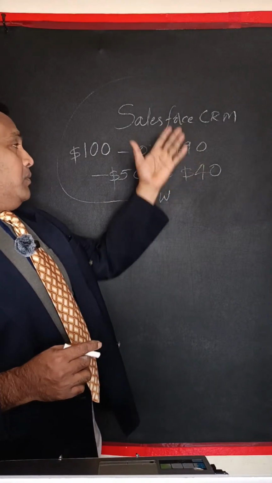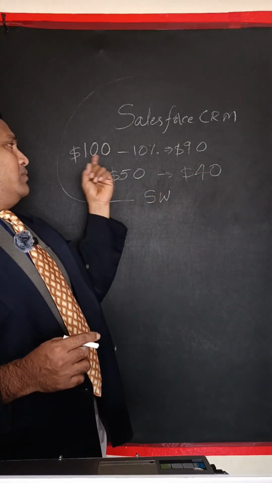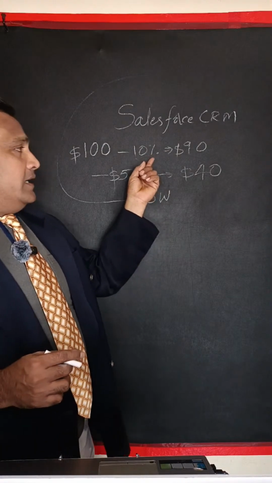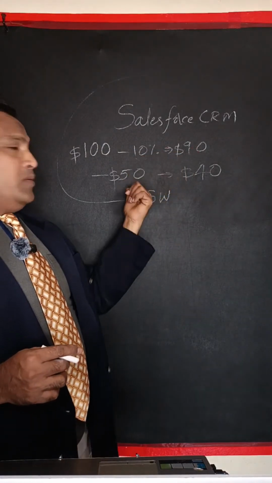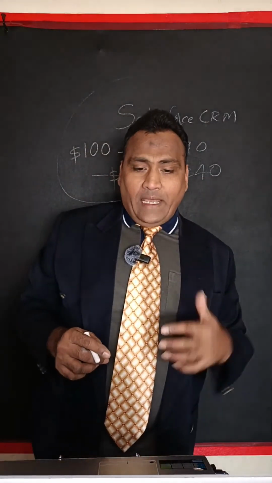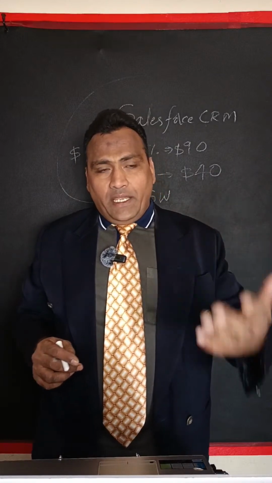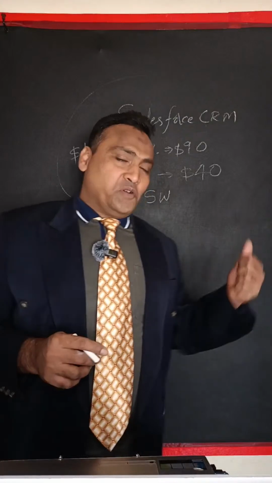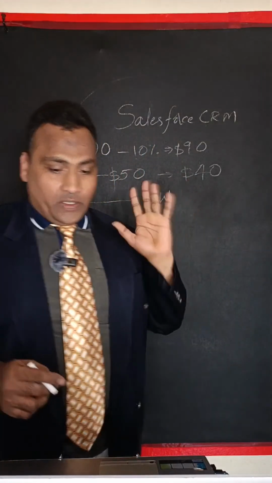I can put in the customer name, the amount he has purchased, the discount I am giving, how much it has come to, how much he paid, and how much he has to pay. And when I have to make a reminder call, all these things are there in the software.